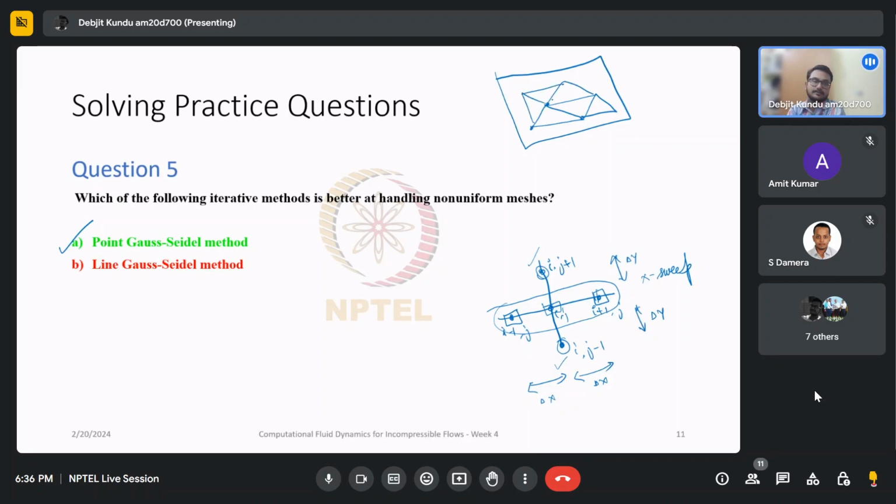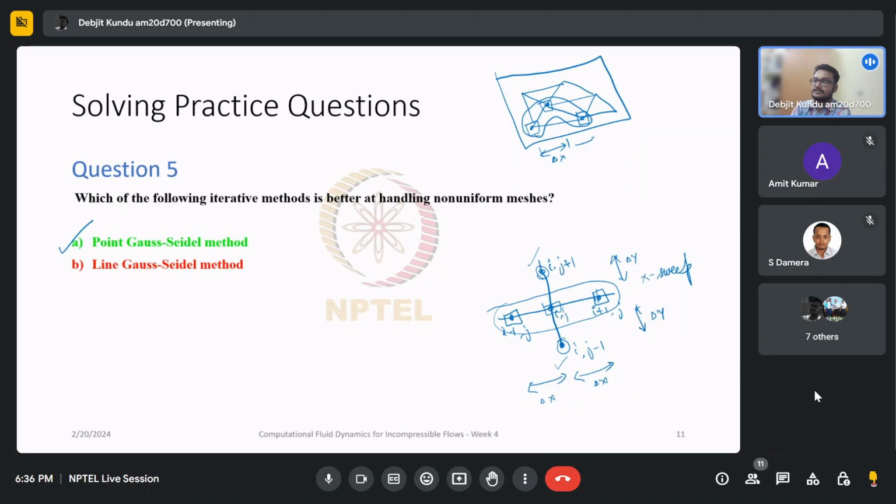That is quite possible. Now, imagine trying to do line Gauss-Seidel with 3 points like this, which are not in a line in the first place. First of all, they are not in a single line, and they are not equidistant either. So the delta x and delta y are all different.